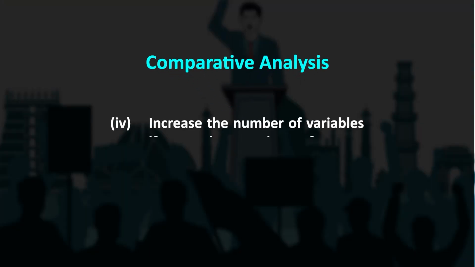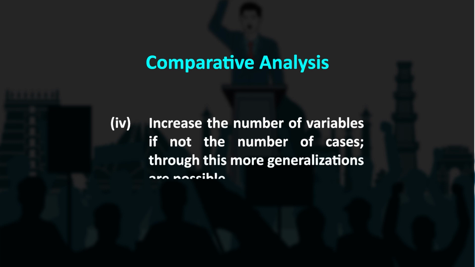Comparative politics has advanced because of the formulation of universally applicable theories based on comparison of many countries or political phenomena within them. For example, structural functional analysis theory opened up a world of comparative research unknown before. Fourth, increase the number of variables if not the number of cases. Through this, more generalizations are possible.